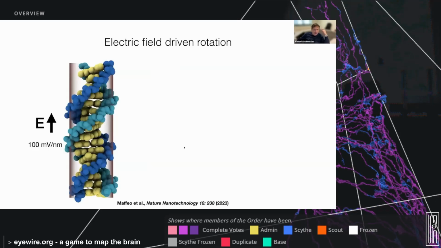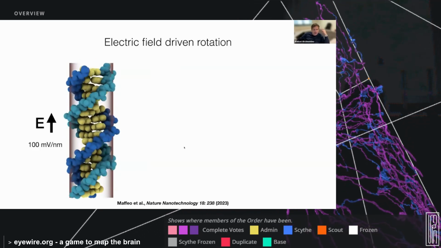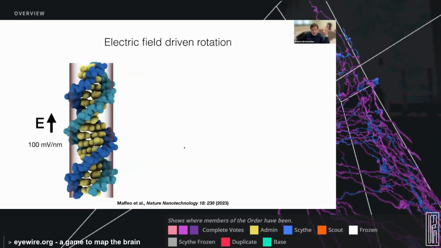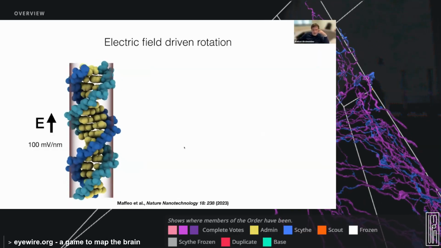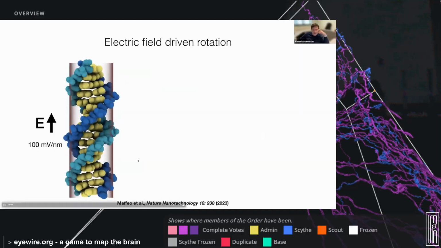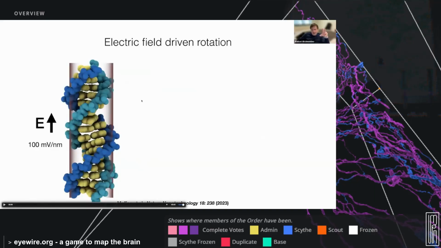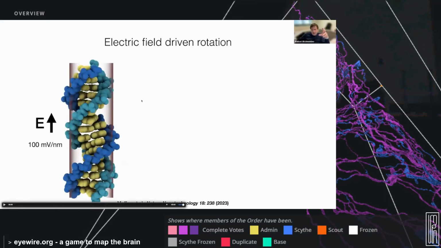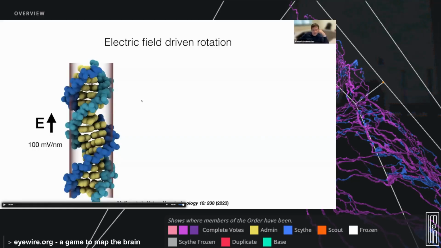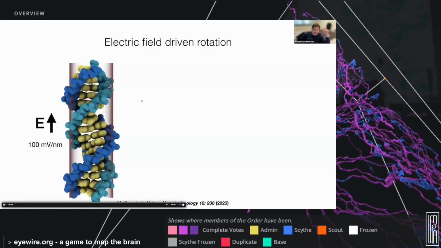And this is what happens. The DNA actually rotates. And the way it rotates is kind of what you would expect naively, according to its chirality. Like if you take a normal screw and think about what would happen if you put it in a stream of water, it would rotate like that.